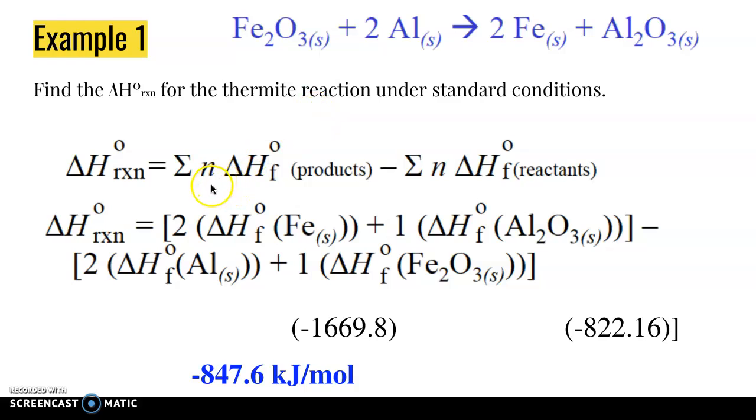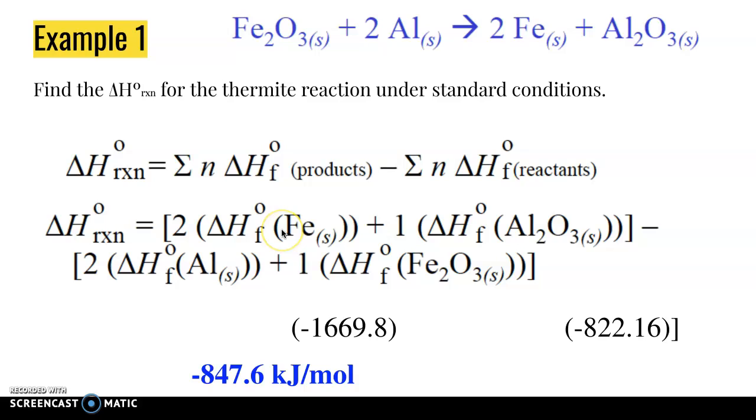So for our products, we have 2 times the heat of formation of iron solid plus 1 times the heat of formation of aluminum oxide, minus 2 times the heat of formation of aluminum solid plus 1 times the heat of formation of iron(III) oxide.